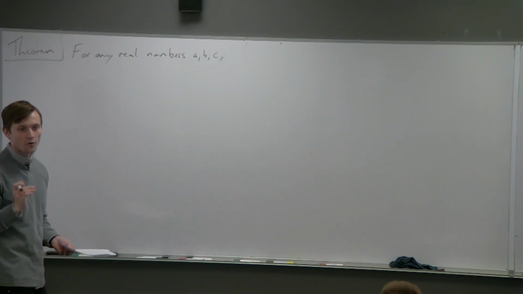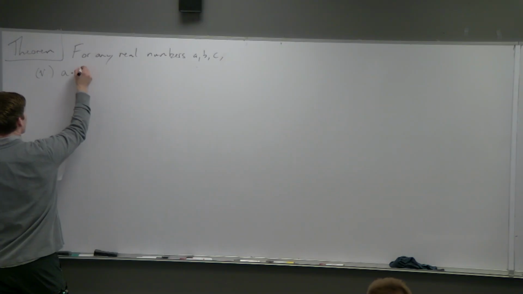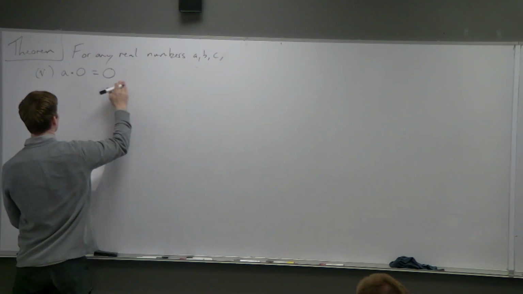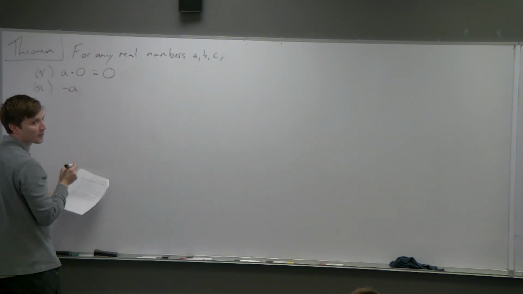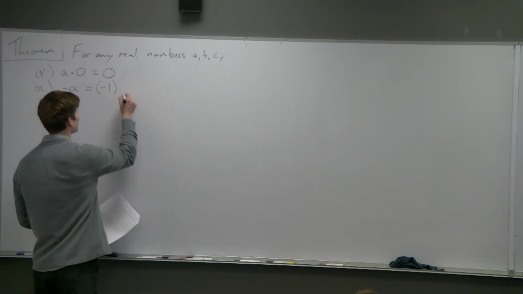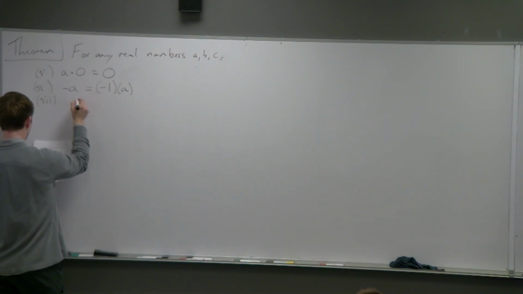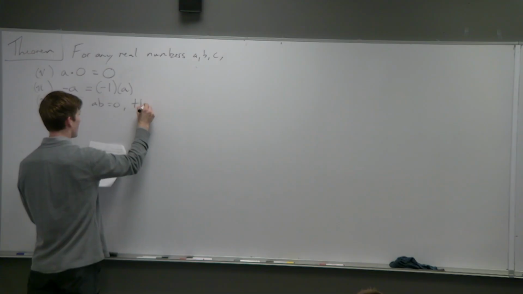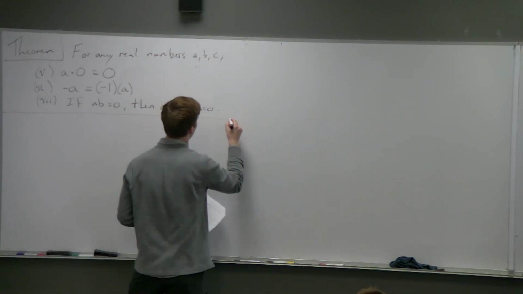We proved 1 through 4, so I will only write down the remaining ones. 5 said A times 0 is 0. 6 said that the additive inverse of a real number is equal to the additive inverse of the multiplicative identity times A. And 7 told us that if AB is equal to 0, then A equals 0, or B equals 0, or both. It's not an exclusive or by any means.